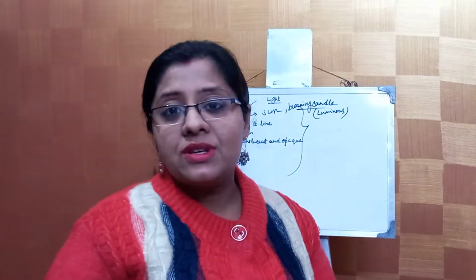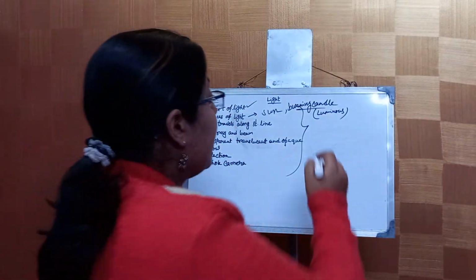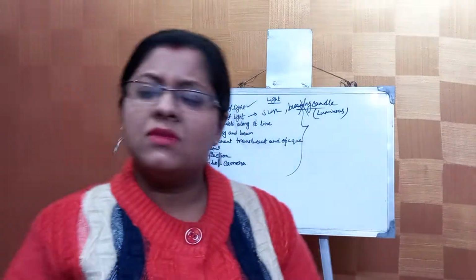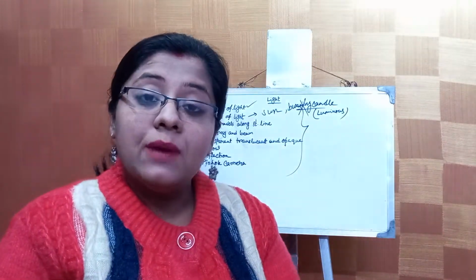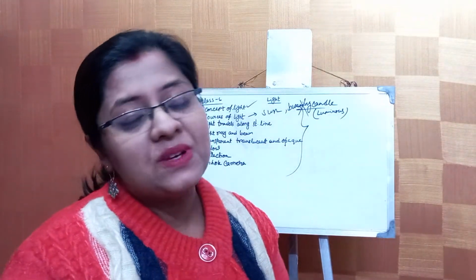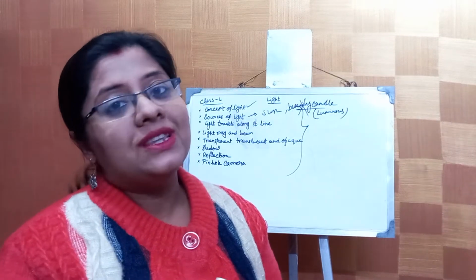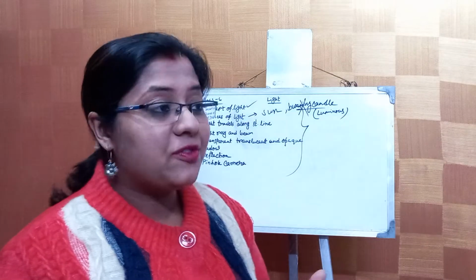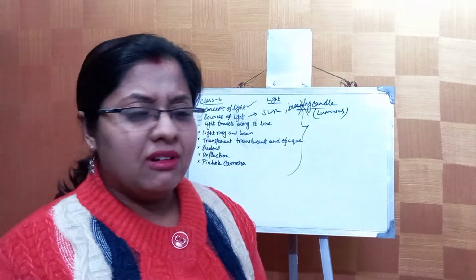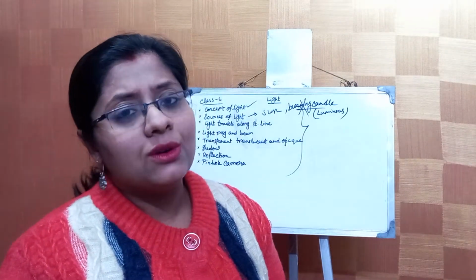Next, non-luminous. What is a non-luminous object? See, if I write only the candle, a simple candle, I cut the word burning. So it becomes one simple candle. A simple candle cannot give you the light. So this is called non-luminous. If I say wood, paper, these all things are non-luminous.